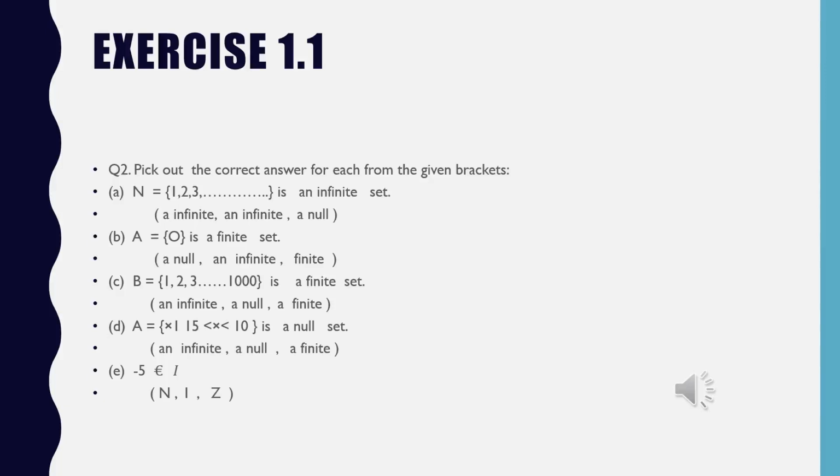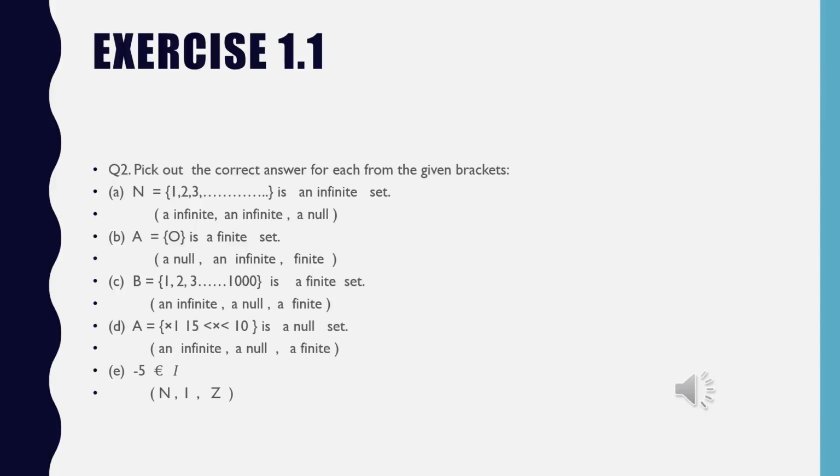It will be infinite. Why is it infinite? Because the natural numbers 1, 2, 3, ... we don't know which number it will end at. So when the elements are uncountable, then it is an infinite set. So the answer of this first part is an infinite set.